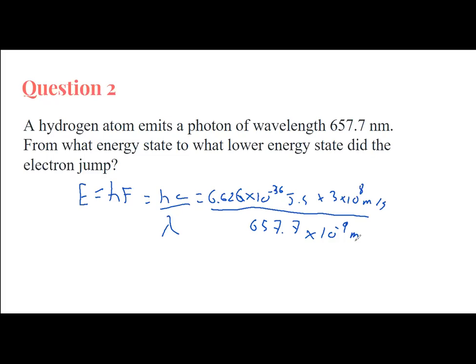Okay, so this should tell us 6.626 e to the -34 times the speed of light divided by 657.7 is equal to about 3 times 10 to the -19 joules.